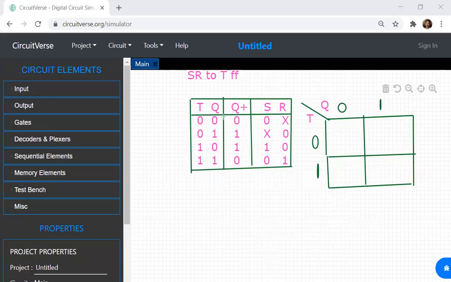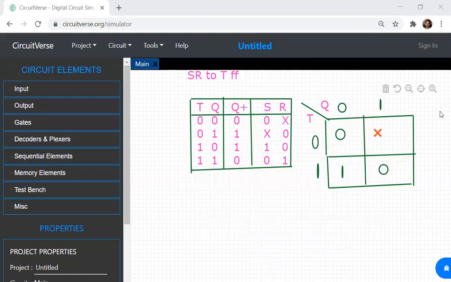The first combination is 0, 0, and the output is 0. I'm writing the truth table for the S combination in the K-map. 0, 1 is an X, 1, 0 is a 1, and 1, 1 is a 0, and I have an X over here.